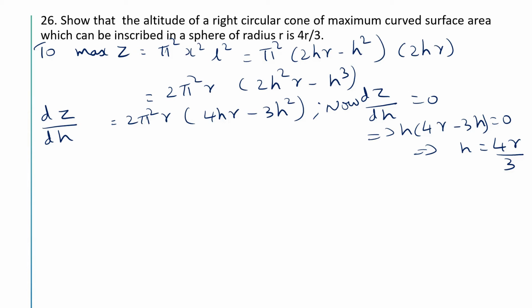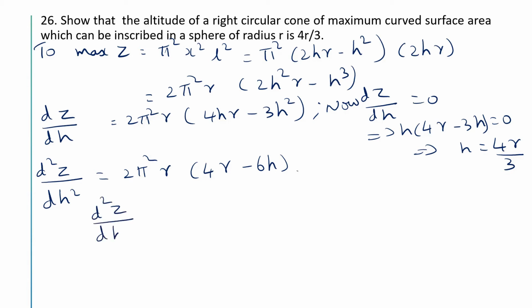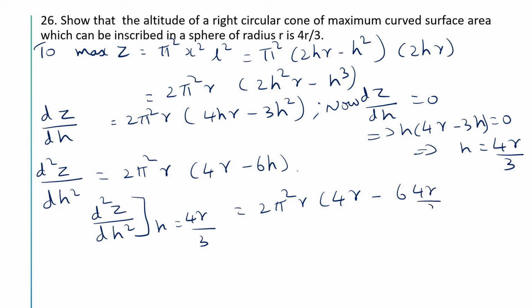Now let us find d square z by dh square. So it is equal to 2 pi square r into 4r minus 6h. Now d square z by dh square at h is equal to 4r by 3 will be equal to 2 pi square r into 4r minus 6 into 4r by 3.